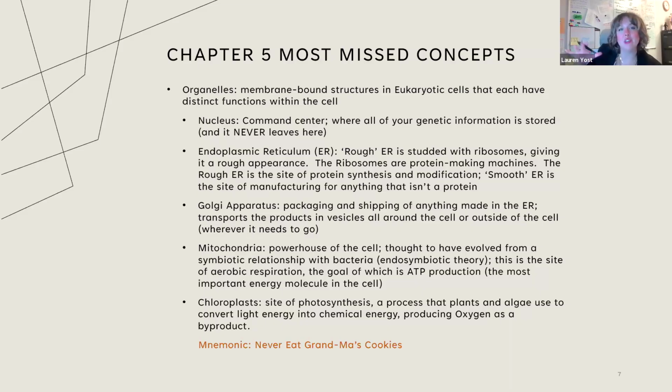But just really quick, the nucleus contains your genetic information and the blueprints for anything your cell might want to build. The endoplasmic reticulum builds your macromolecules, including your proteins in the rough endoplasmic reticulum and other macromolecules in the smooth endoplasmic reticulum. The Golgi apparatus is our shipping warehouse. It basically packages and ships things around and outside of the cell.